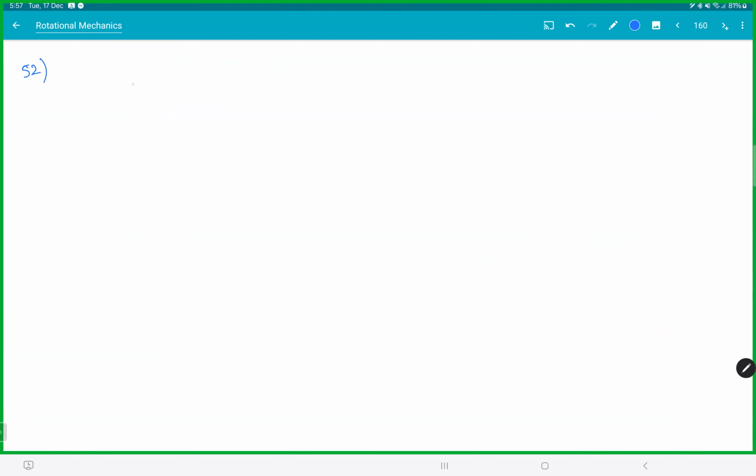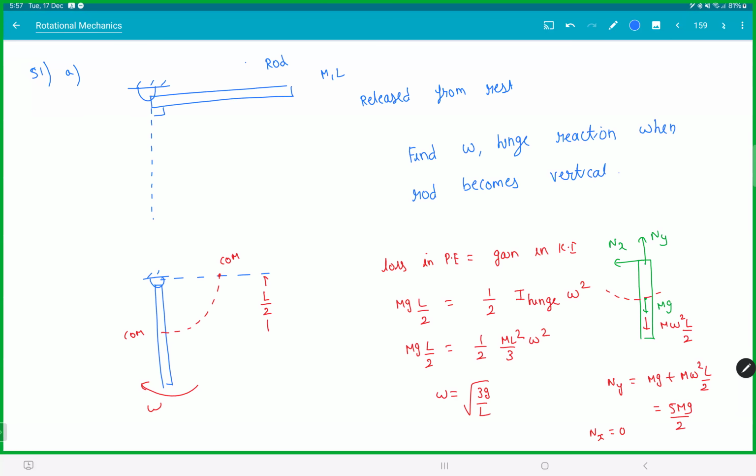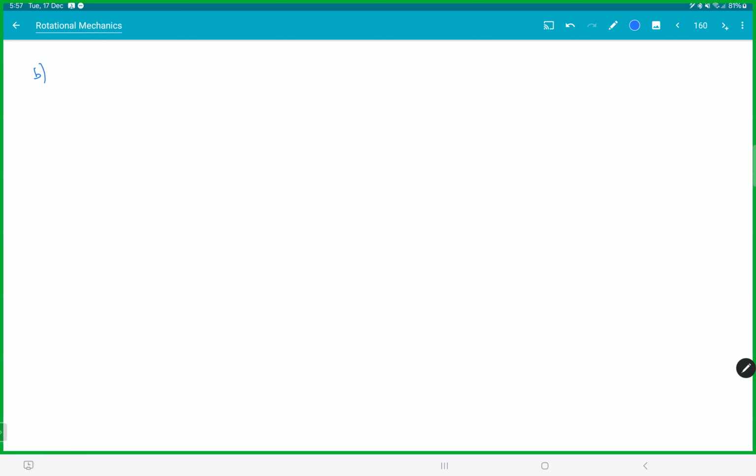This question would have been more fun if you do it like this. Same question, if you try to do it, I will try, you can try this as homework. Find the hinge reaction when the rod rotates with theta.